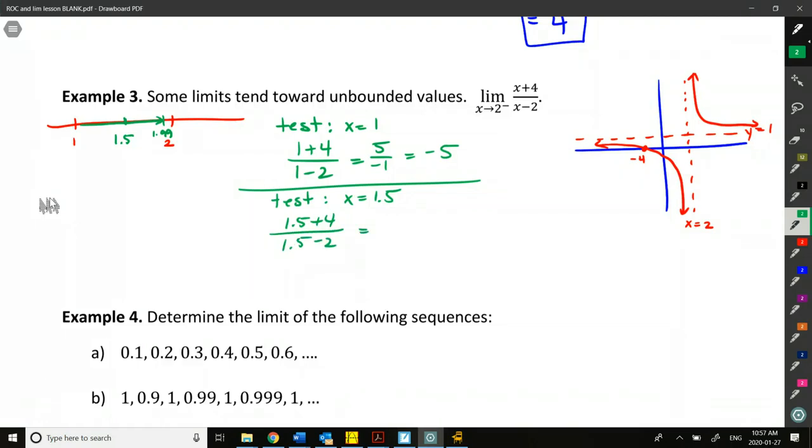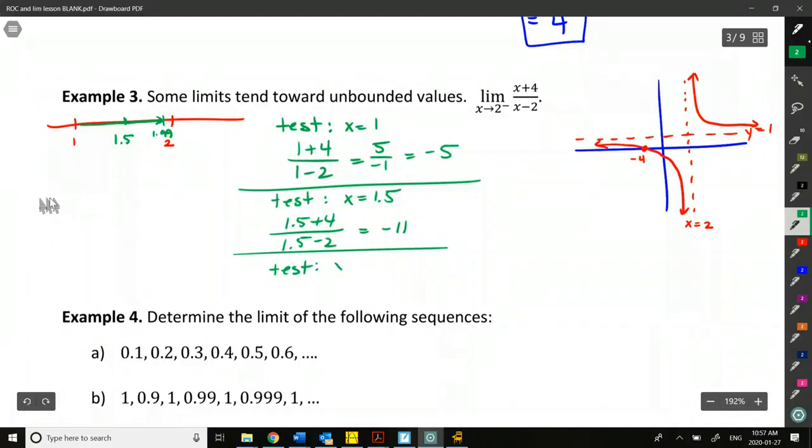Okay, we'll get 5.5 over -0.5, so I think that gives us -11. And then maybe we'll do one more. We'll test when x is, let's say, 1.999. We'll go really close to 2. This one I will need your help with calculating. Can't do that one in my head.